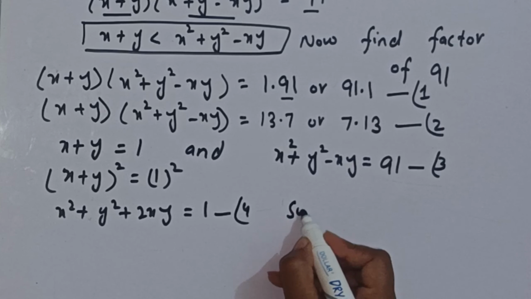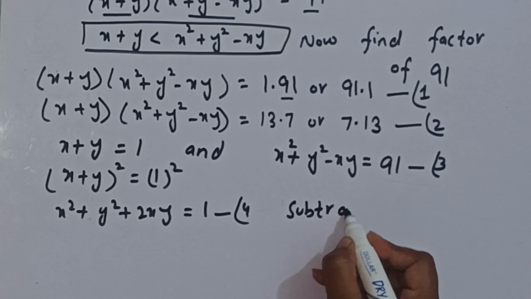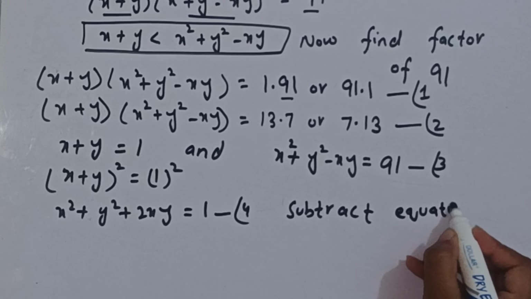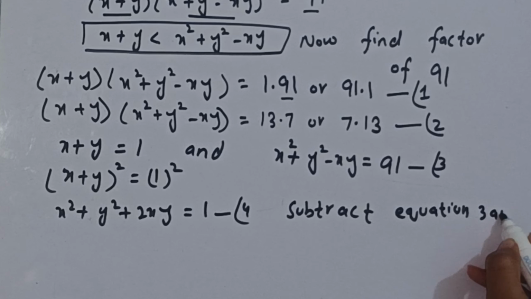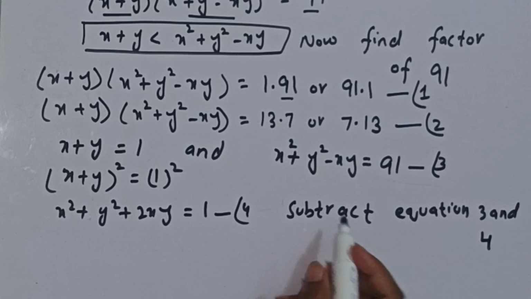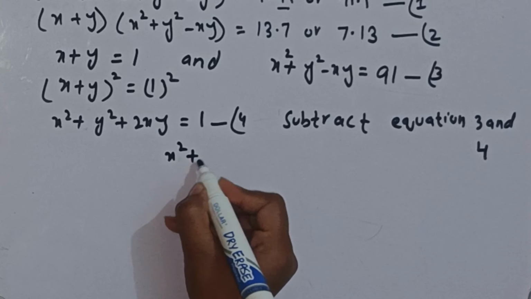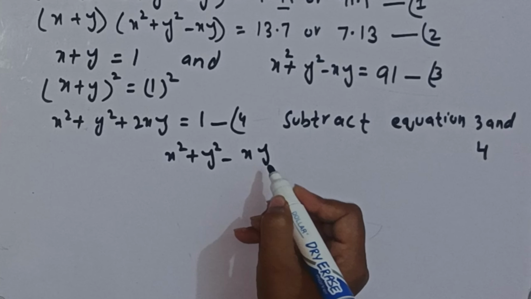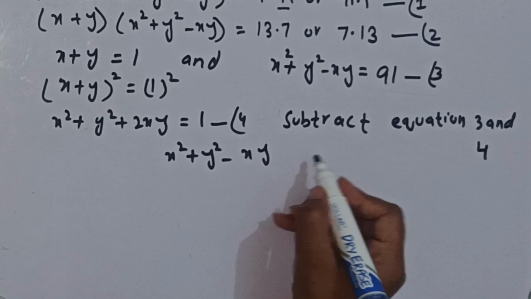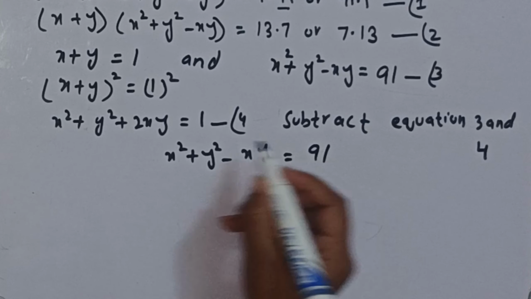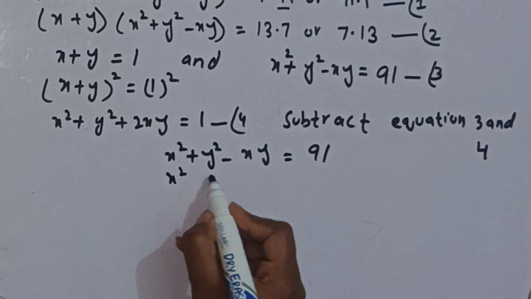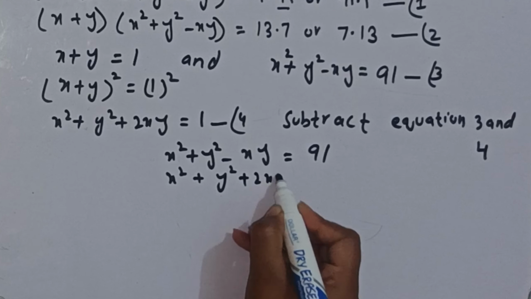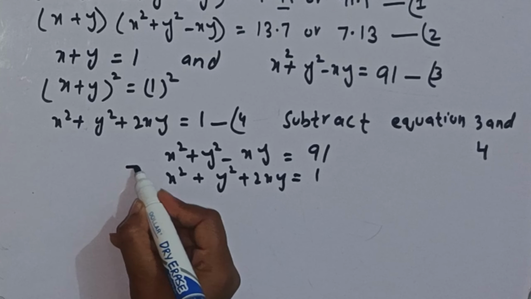Now we subtract these two equations. So we have x square plus y square minus product of xy equal to 91, and our equation 4 is x square plus y square plus 2 times product of xy equal to 1.